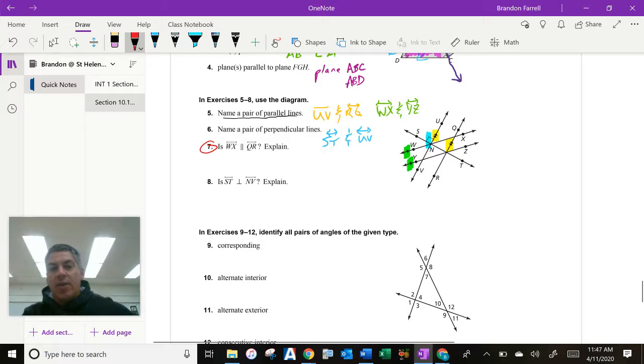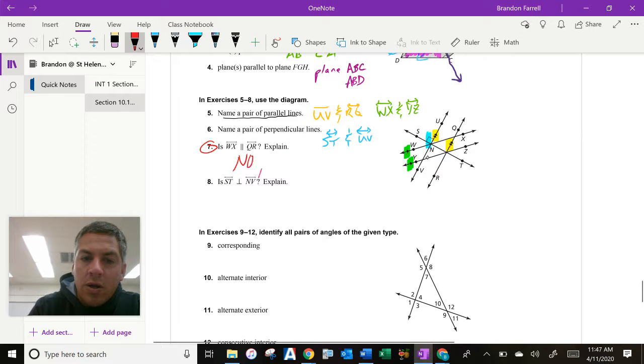Okay, so number 7 is WX parallel to QR? Obviously, this green section paired with that yellow section does not mean that those are parallel, so I would say no. It doesn't tell us where they intersect, but they do intersect. Those lines intersect.